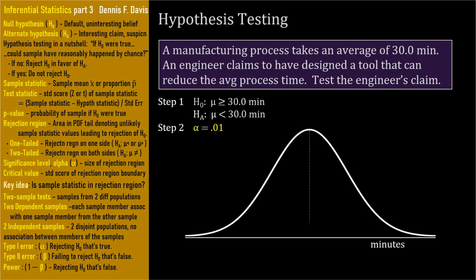The mean of the sampling distribution is the value mentioned in the null hypothesis. While conducting hypothesis tests, we always assume the null hypothesis H0 is true. H0 will always have the form mu less than or equal to some x, mu greater than or equal to some x, or mu equal to some x.